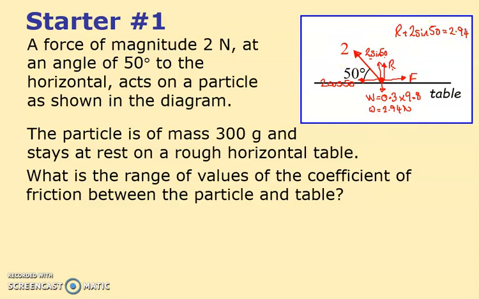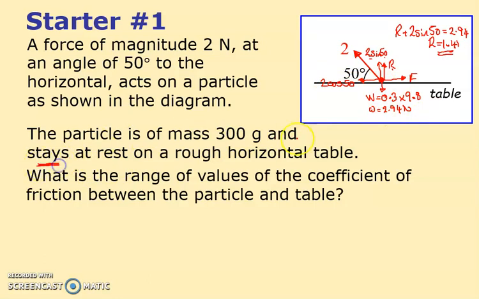So if I do 2 sine 50, make sure I'm in degrees. I am now. So 2 times sine 50, and I've got to do 2.94 minus that. When I move it over, it will obviously become a negative, and I get 1.41. So I now know what R is. It's 1.41 newtons.